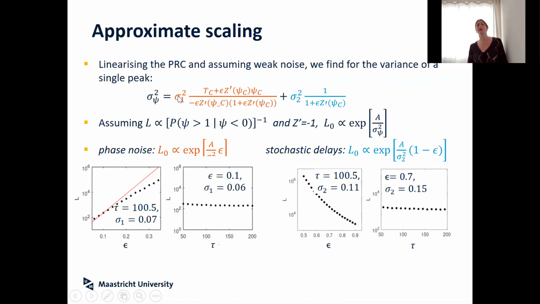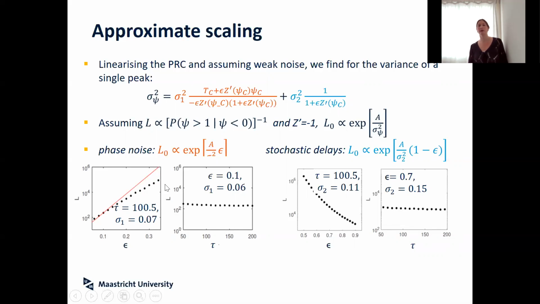Anyway, we found that the variance consists of a term relating to phase noise plus a term relating to stochastic delays. For only phase noise, the lifetime scales exponentially with the inverse variance, which has here the coupling strength in the denominator.